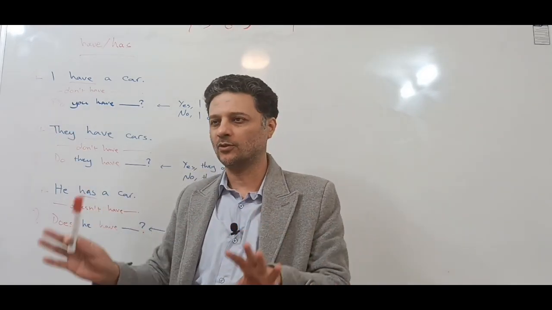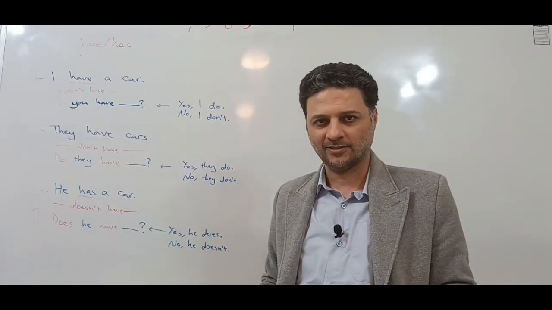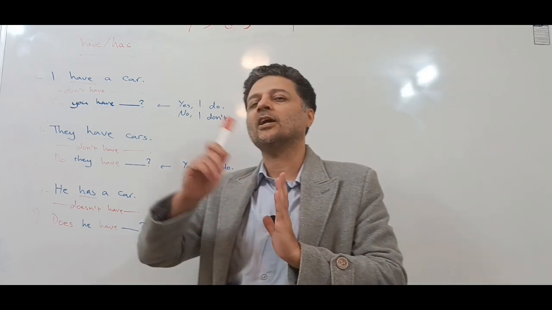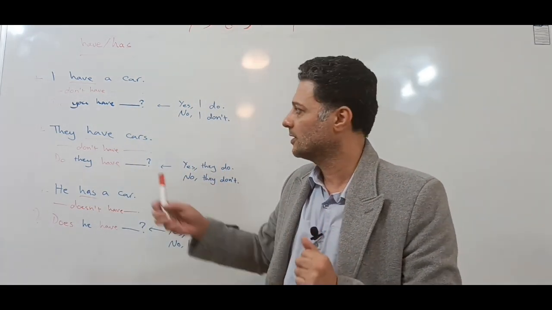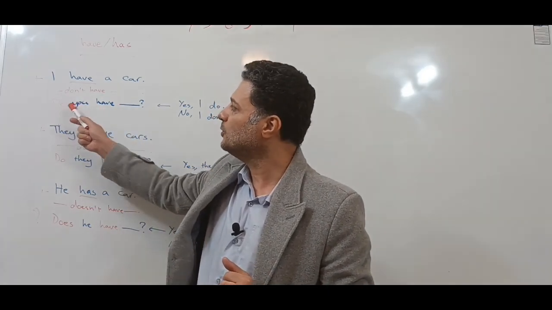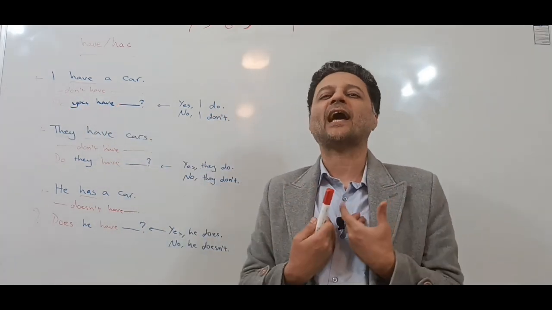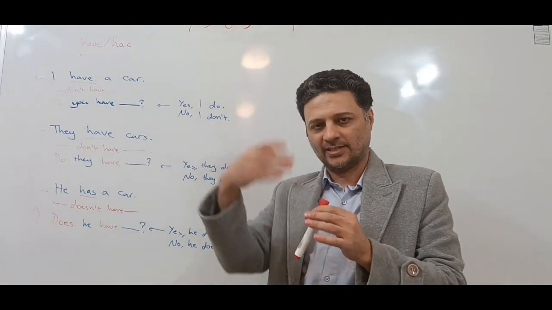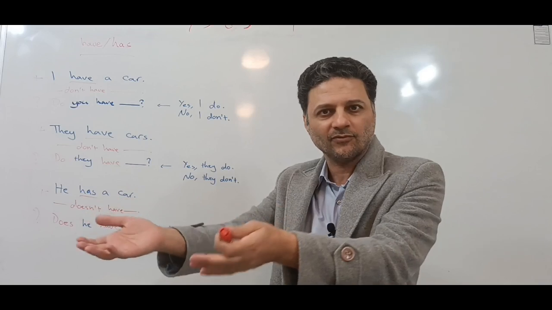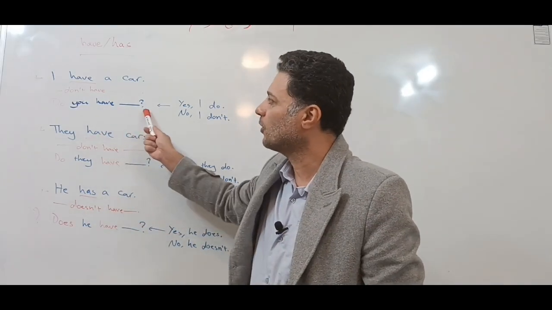Normally, this is what we do with all auxiliaries, right? Auxiliary or modal verbs, they come at the beginning of the sentence to make them interrogative or a question. Now, let's see what happens. Do you have, you can ask yourself, do I have a car? Of course. But since we normally address other people when they say I have, you say, do you have a car?